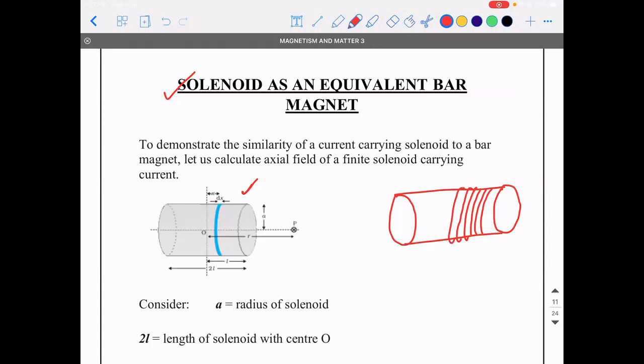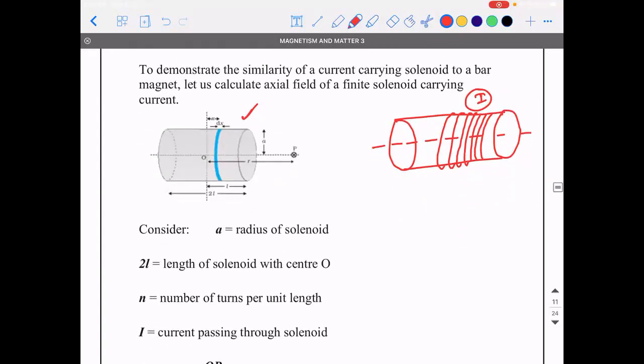So you're able to see the windings. There will be windings in such a way that the current through each winding is taken to be I. Okay, have this in your mind.